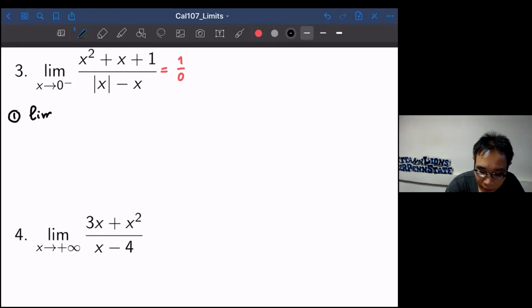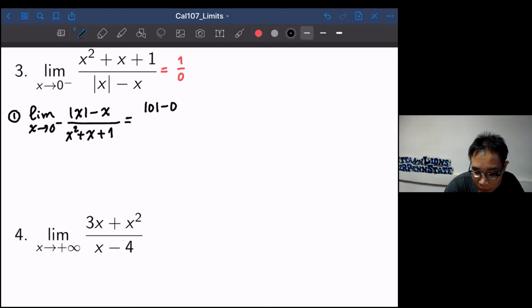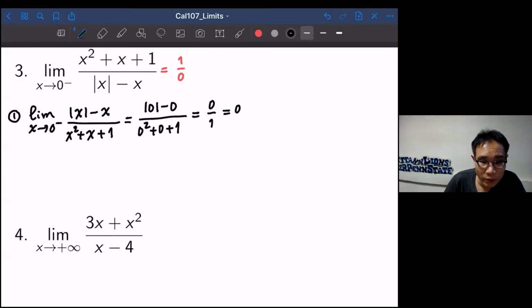So you have limit as x goes to 0 from the left of absolute value of x minus x over x squared plus x plus 1. So you get absolute 0 minus 0 over 0 squared plus 0 plus 1. So it's going to be 0 over 1 equal to 0. Okay, so you have the limit of the reciprocal equal to 0.